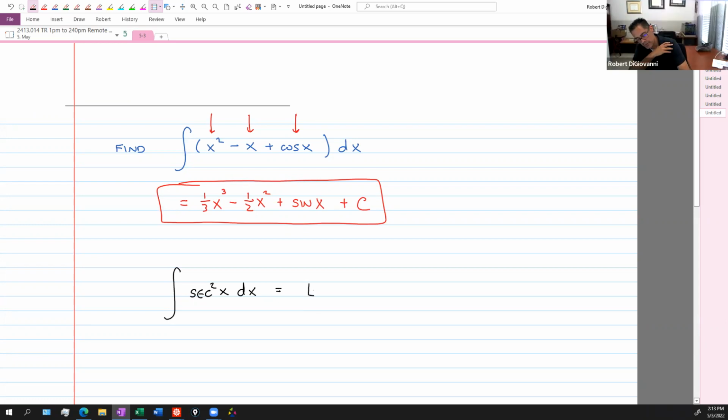So the antiderivative of this is tangent x plus c. We're done. Now, if you don't remember that, it's going to make it harder for you. If you don't remember the common stuff from Cal 1, it's going to be difficult in Cal 2. So before you start Cal 2, make sure you refresh yourself on these common derivatives that we came across a lot, like sine, cosine, tangent. Make sure you're familiar with those.